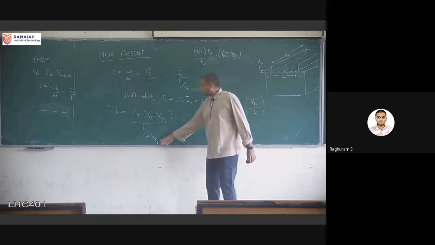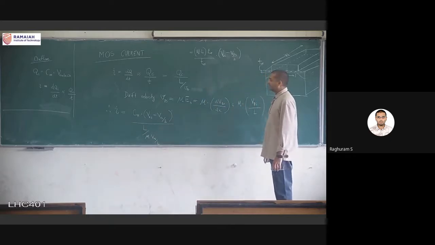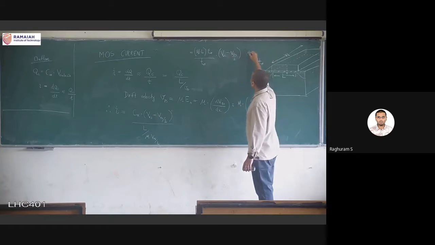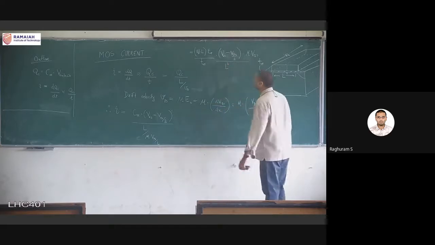So this L will come here to become L squared, right? Don't cancel it. So mu VDS will go on top. So mu into VDS will come here, divided by L, and L will get multiplied to give me L squared.